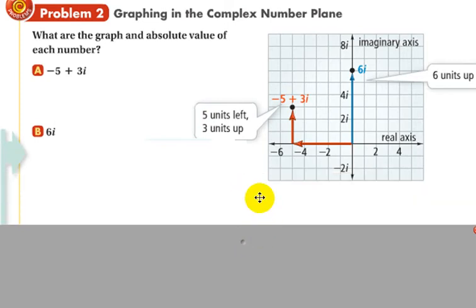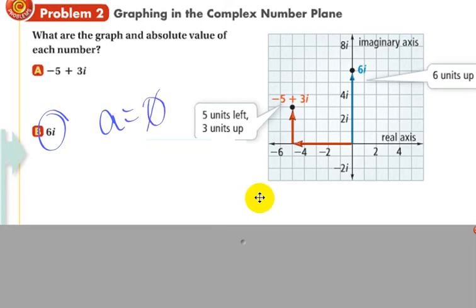So let's do another one. This one should be more familiar. Oh, now we just have a pure imaginary number, 6i. So that's our b value. So our a value must be equal to what? 0. Thank you.